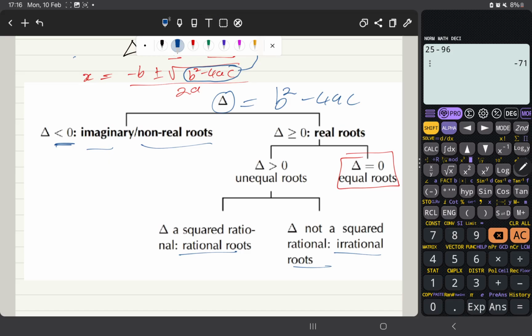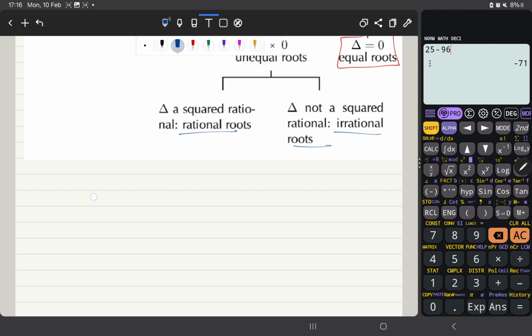So by rational roots you will have, say, x is equal to 2 or x is equal to 3, right? That's you having rational roots.